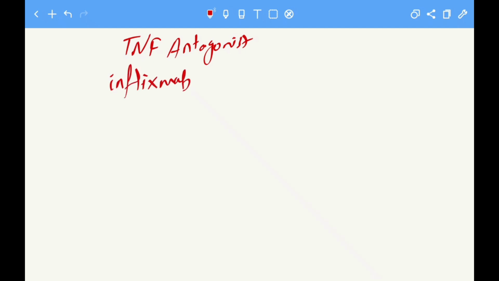Okay, what are the TNF antagonists? Infliximab, adalimumab, and finally certolizumab.